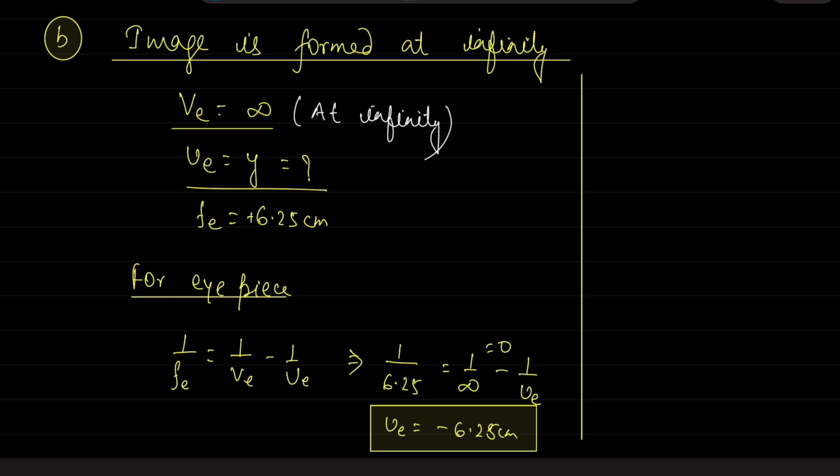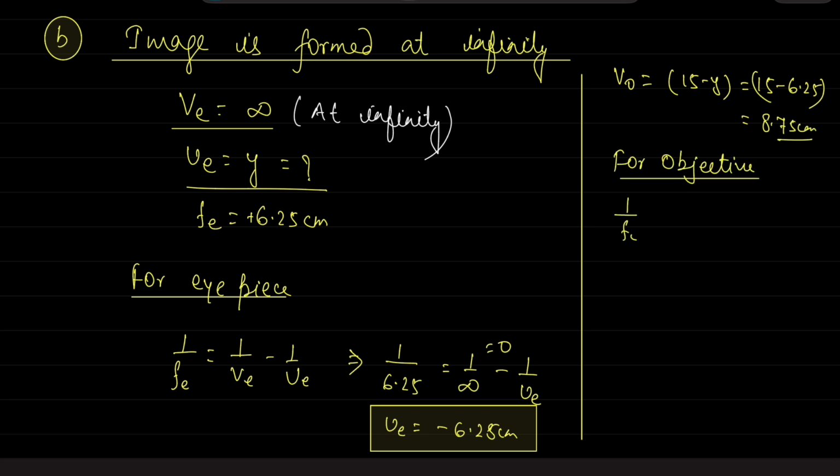Now we got the value of UE and we have to find the value of VO. So VO is equal to 15 minus y, or UE, it's equal to 15 minus 6.25. We only consider the magnitude, sign convention is not required. It's equal to 8.75. 1 by FO is equal to 1 by VO minus 1 by UO. So 1 by 2, that's the value of FO, is equal to 1 by 8.75, which we just found, minus 1 by UO.